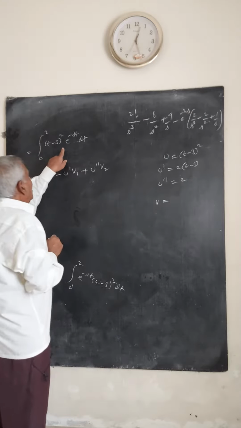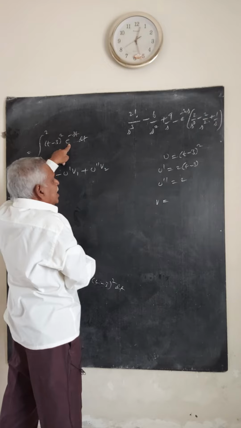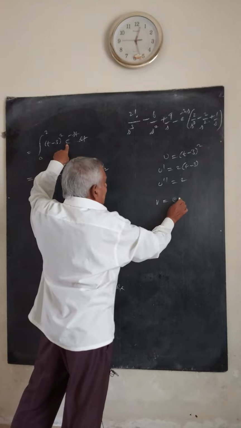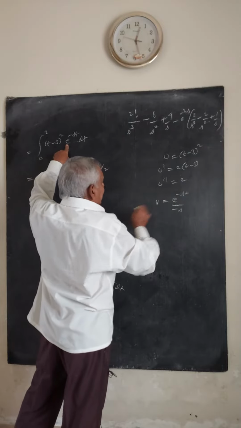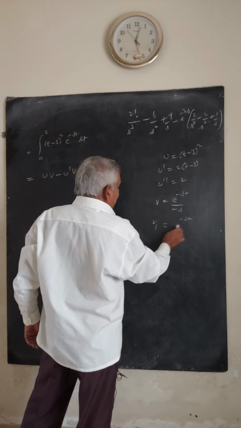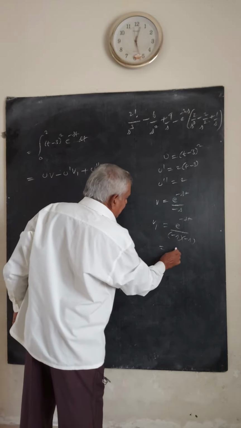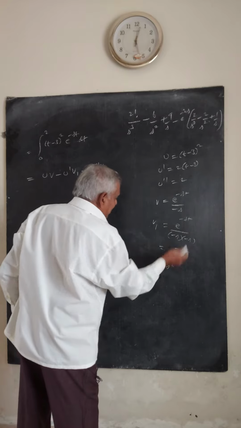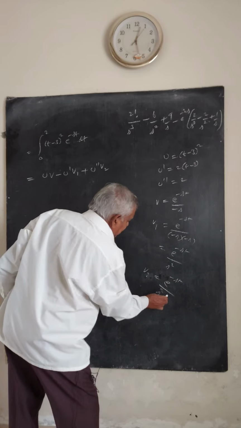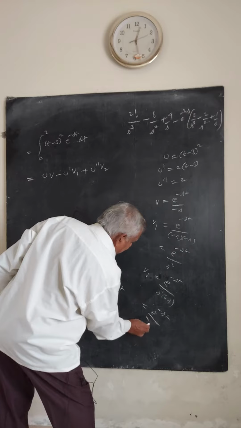V is e power minus st. V is integrated: e power minus st by minus s. V1 is again integrating, which is e power minus st by s square. Integrating again, V2 is e power minus st by minus s cubed.